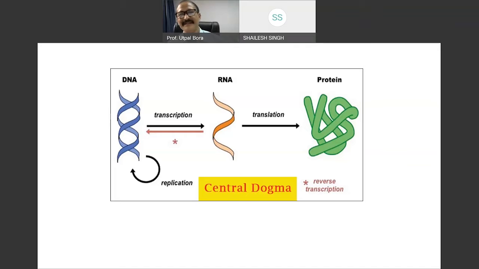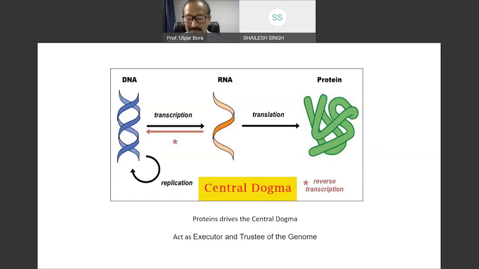Even for viruses, the RNA molecule cannot be reverse transcribed back into DNA. So you see, protein actually drives the central dogma of molecular biology. If you consider genetic information as a will passed on to us by our ancestors, protein acts as the executor and trustee of the genome.